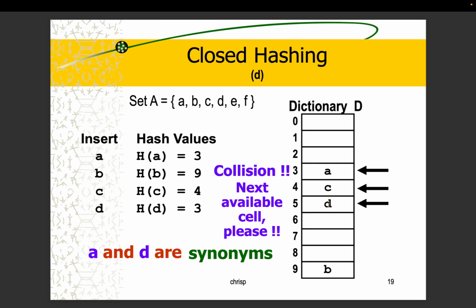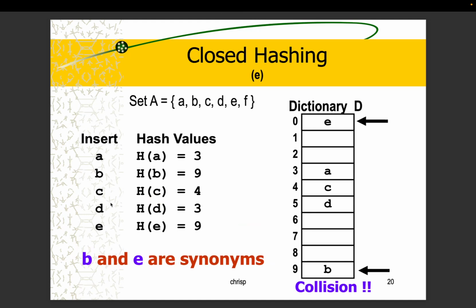Take a look: D was supposed to be in index 3, but because of the collisions, we reach index 5. What do you call elements that have the same hash value? Think of them as synonyms. They might be brothers too, but they're actually synonyms. So A and D are synonyms. They have the same hash value.